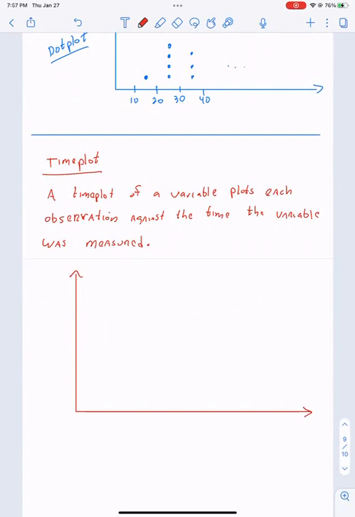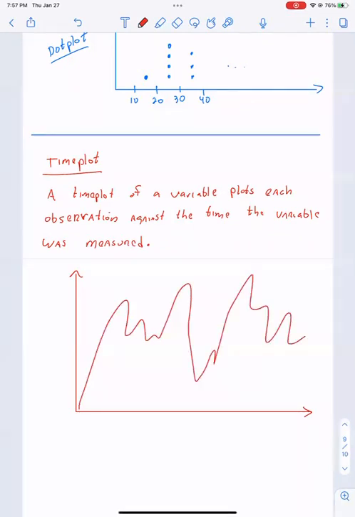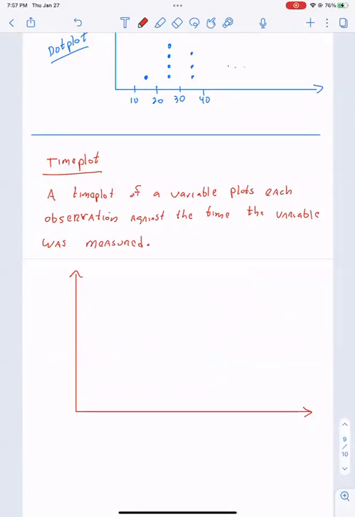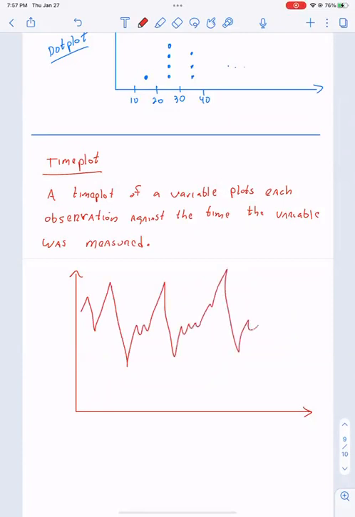The EKG, that machine that reads your heart rate? Yeah, the EKG, the electrocardiograph. So you're measuring some value over time, and it goes up and goes down, heartbeats, etc. Time is on this axis, and your observations are on the y-axis.